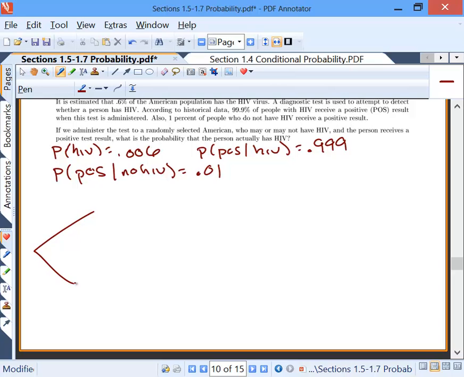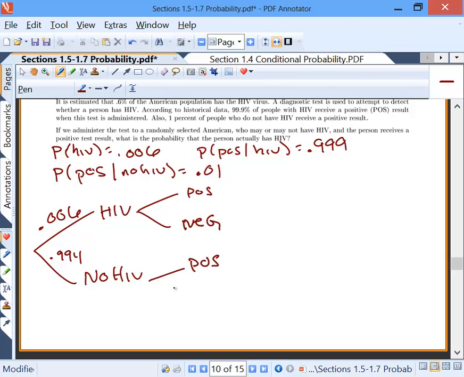To start off with, you either have HIV or you don't have HIV. The probability of HIV is 0.006, so the probability of no HIV would have to be 0.994. Then after you have HIV or don't, you can get a positive or a negative test result.